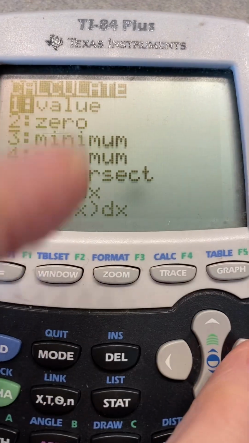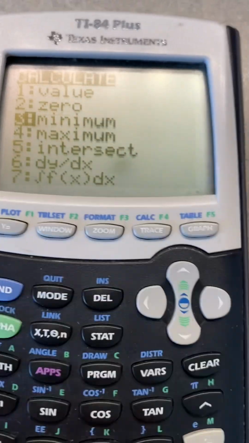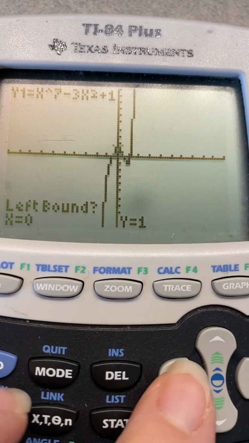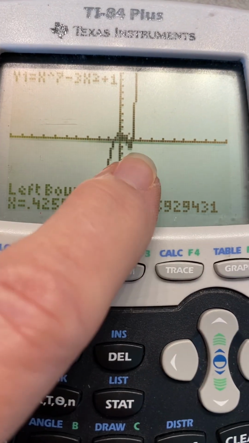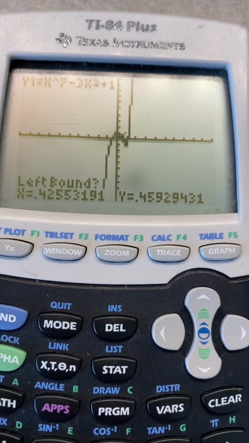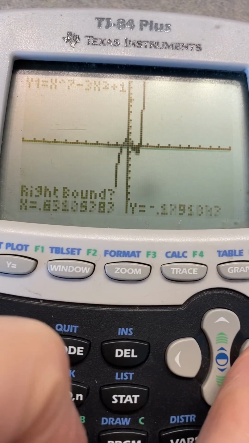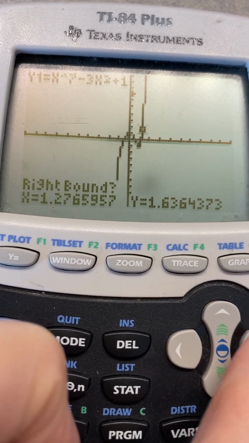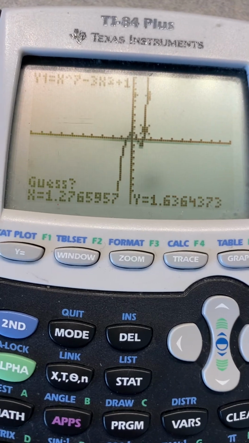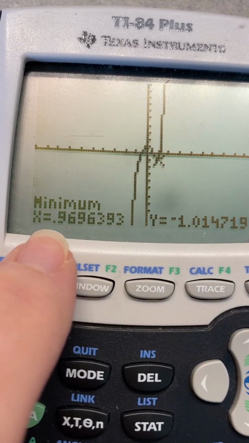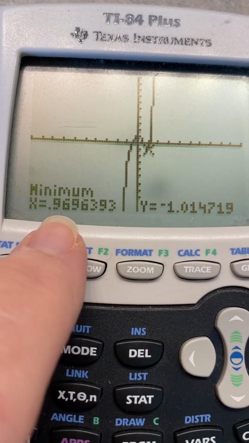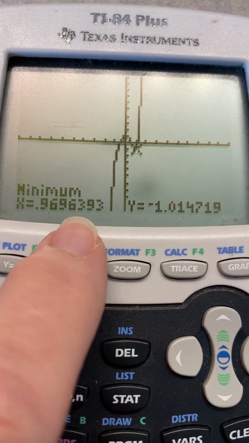Second calculate. We want to go down to minimum, enter the left bound. Let's get just a little bit closer to that minimum, which is right here. Enter, and then the right bound, scooch till we get underneath that hump. Enter, and then enter one more time. So we have an x value of 0.9696.